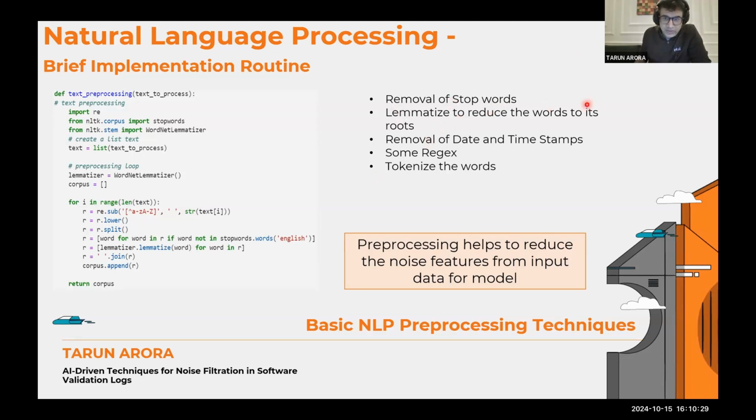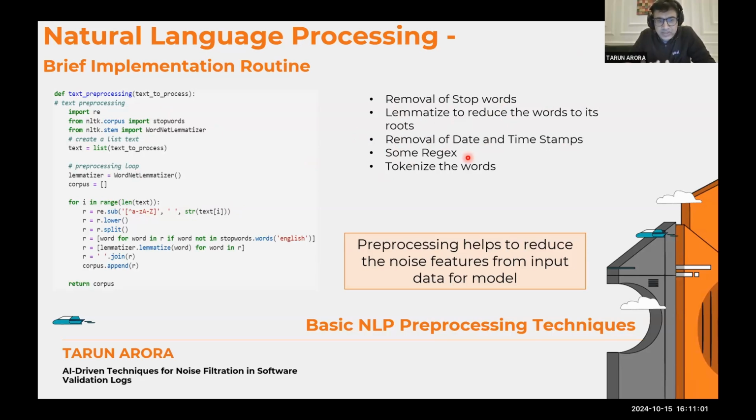For example, you remove stop words, you try to reduce the features by doing lemmatization, you remove a lot of noise, for example, date, timestamps, test cycle, seed cycle, and many other things. Sometimes you use regex operations to find certain patterns which make no sense, and you try to remove them. And you tokenize the words. So generally what I've listed here are some of the low-hanging cleaning techniques, or the pre-processing techniques, as we call them in the world of NLP.